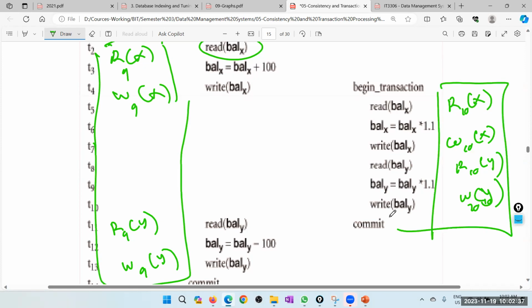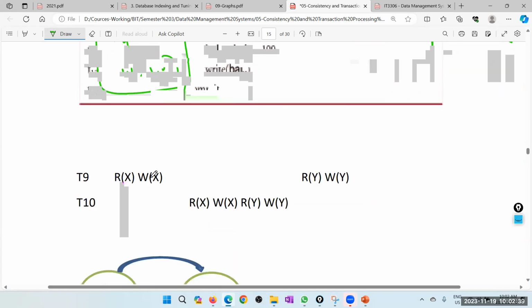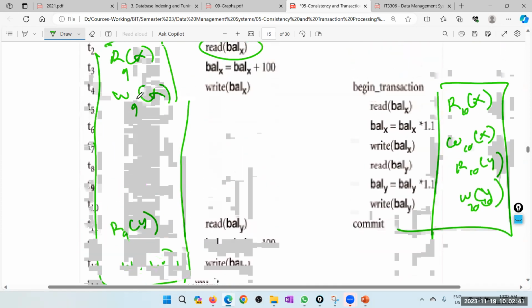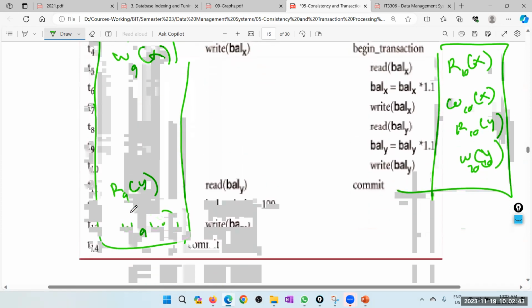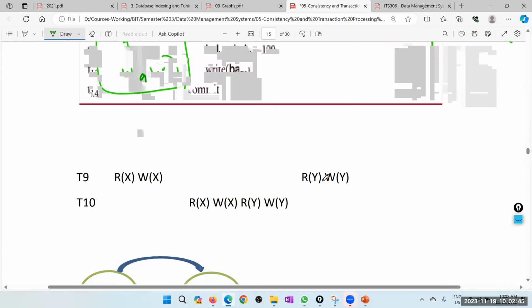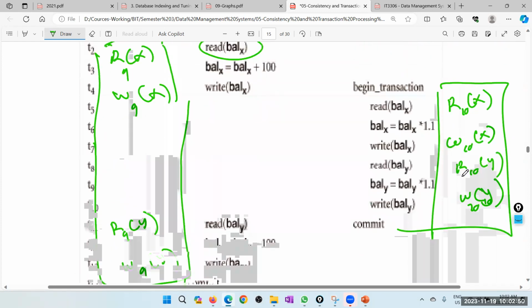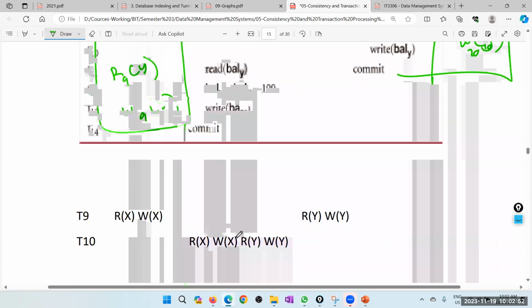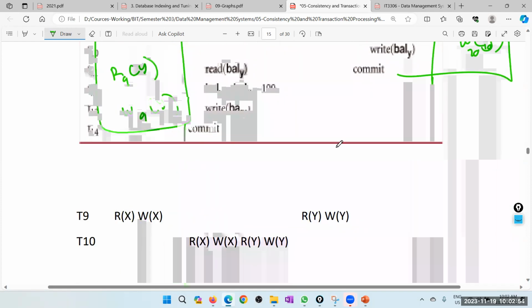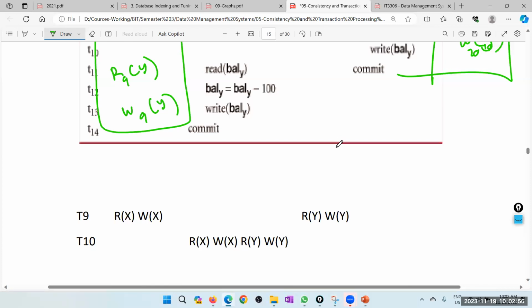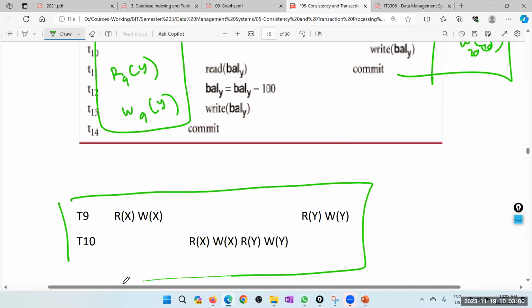Okay. Right. So we have written it like this: read X, write X, read Y, write Y, and in between we have read X, write X, read Y, write Y. We just write it in this way. It doesn't matter. Okay. Now you can see we can just concentrate on this one, which is much simpler.